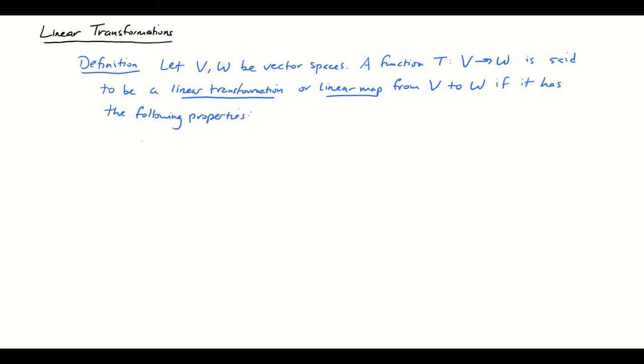And those properties are, number one, for all V1 and V2 belonging to the vector space V, T of V1 plus V2 is equal to T of V1 plus T of V2. So in other words, the map T preserves addition.